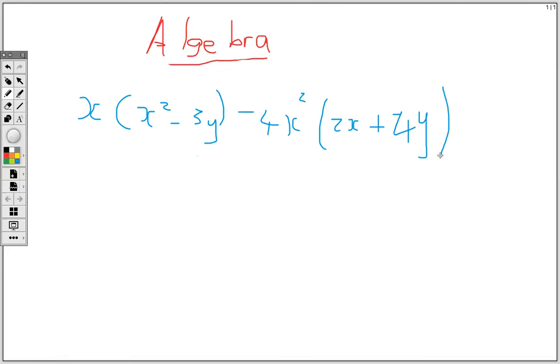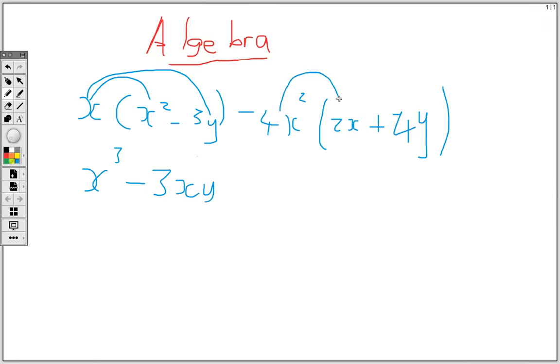So expanding this, we're going to see x times x squared, that's x cubed. x times 3y, realize this is a variable, times a number and a variable. We're going to write minus 3 and then just attach the x to the y.